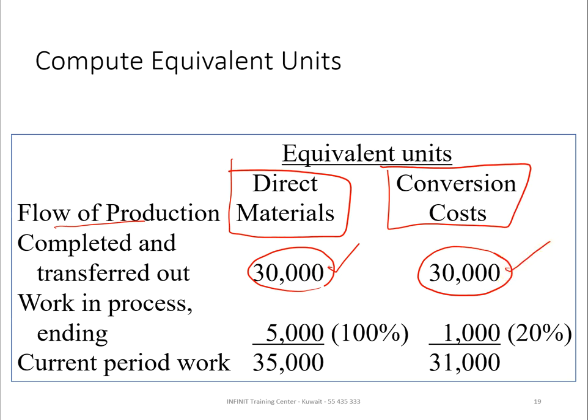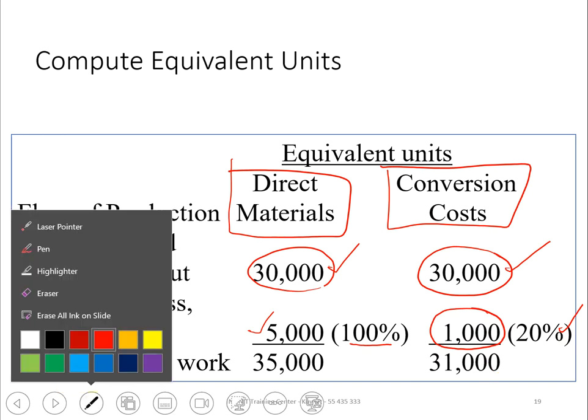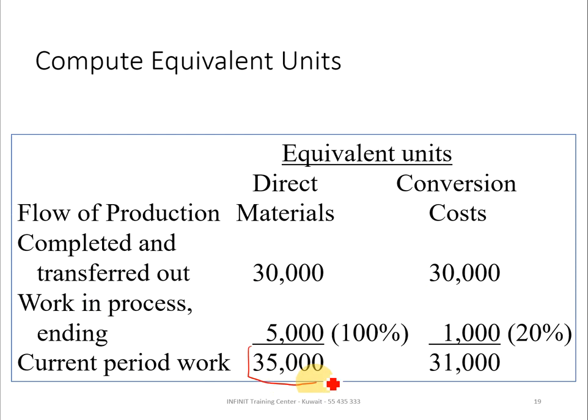Now we are left with 5,000 units, and in our previous example it is mentioned that these 5,000 units are 100% completed in terms of material. So EUP for material is 5,000, but only 20% is completed for conversion cost. So your EUP is 5,000 multiplied by 20%, which is 1,000. Our total EUP for material is 35,000, but for conversion cost it is only 31,000.